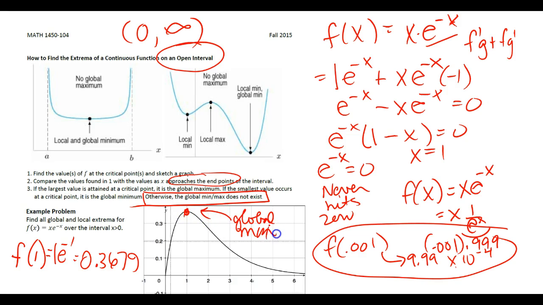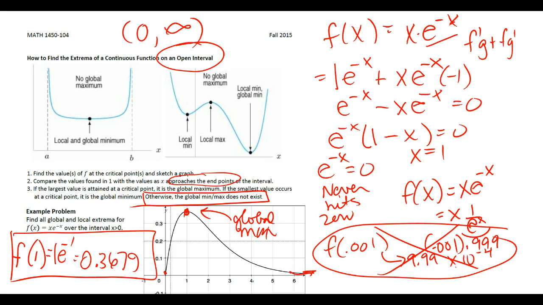When you just look at the function, if I evaluate it here, it's very small. If I evaluate it as it heads to infinity, it's very small. So I do have a global max, but I do not have a global min, because it says if the smallest value occurs at a critical point, it's a global min. Otherwise, the global min doesn't exist. I don't have a global min as a critical point. These endpoints don't matter. I don't have a global min. So this is my global max.